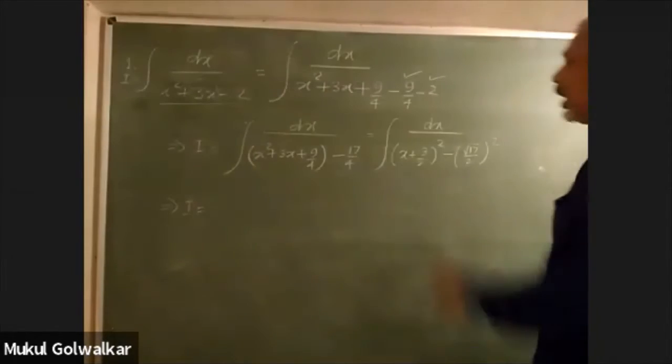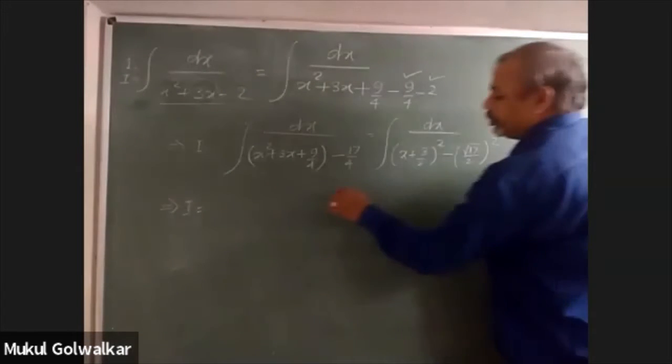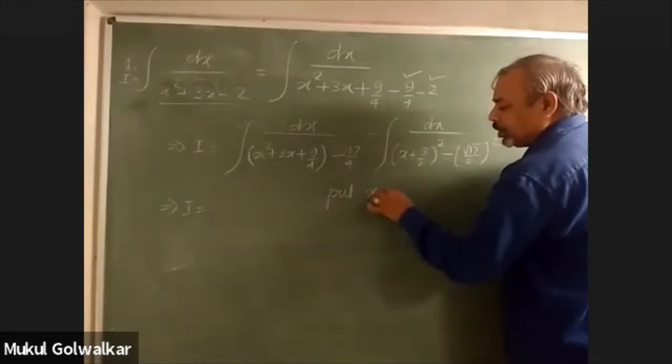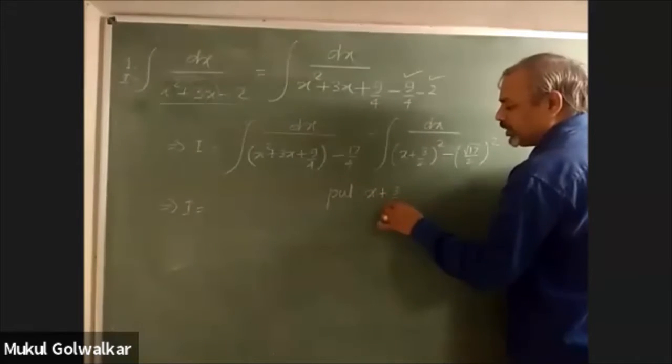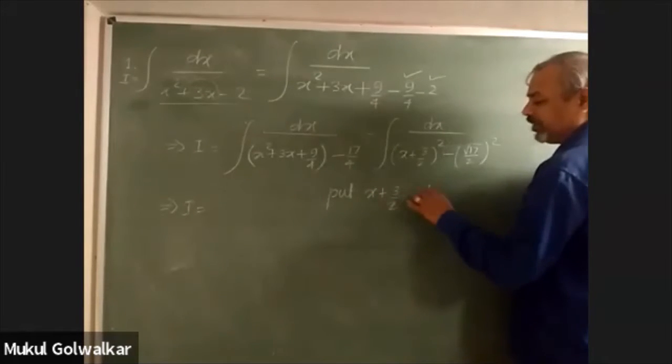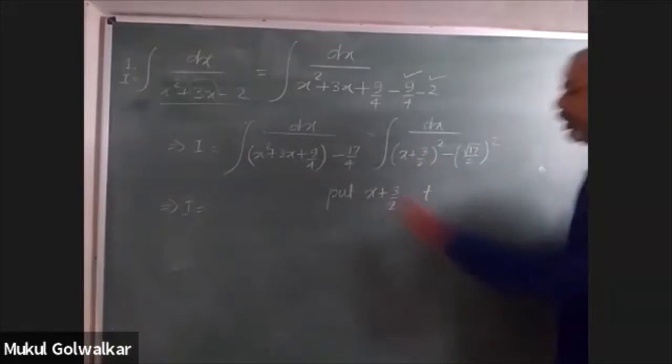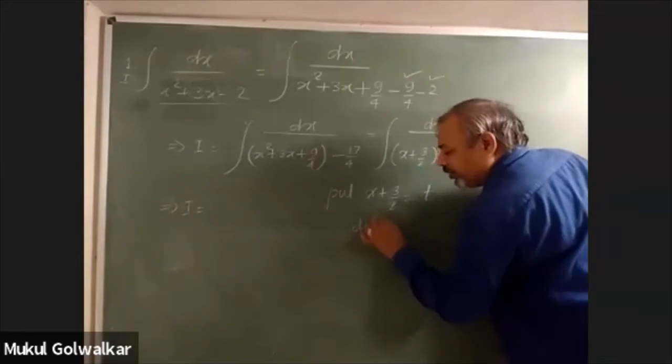And then I will ask you to go for a substitution. The substitution is that you substitute x plus 3 by 2 is equal to some variable t. After that, you should be differentiating.